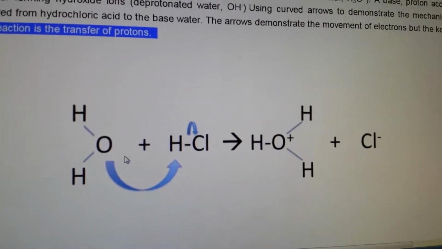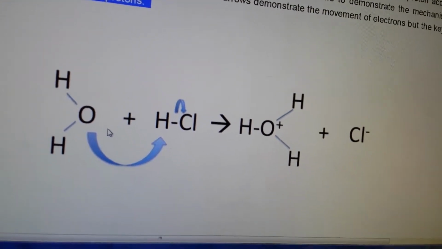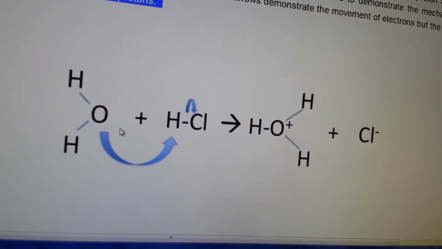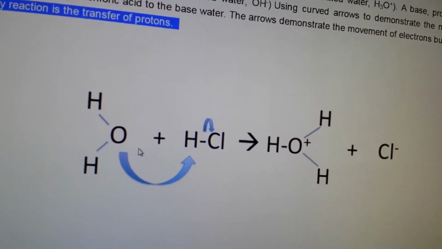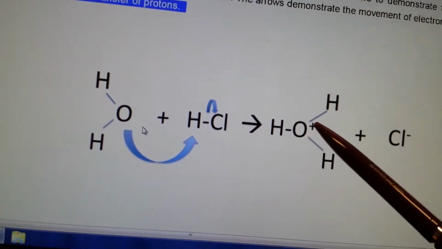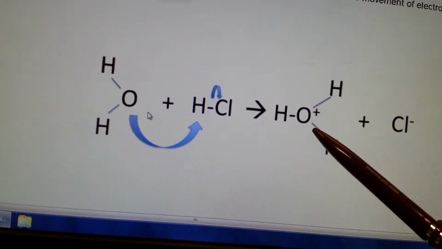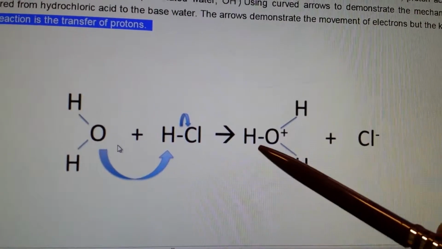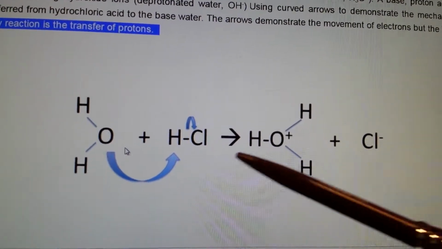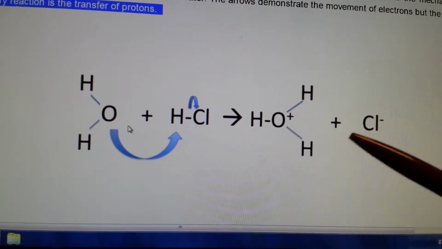This is a new bond formation, and this bond gives a plus charge to oxygen. Now water has a plus charge. Oxygen has a plus charge in water because it has now formed 3 bonds, and the chlorine, which was here, took the electrons. It says bye bye, I'm going to go, I have the electrons here.